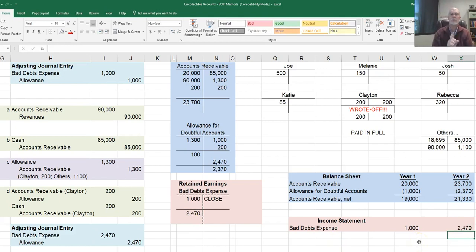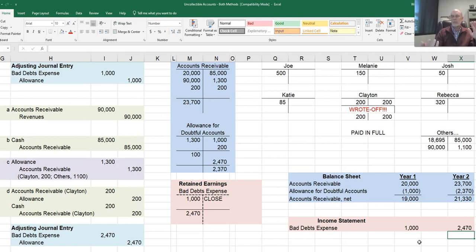Now remember, that's because last year we underestimated how much our allowance needed to be, and so we had to expense a little extra this year in order to hit the target that we were after. So the underestimate from last year is offset by expensing a little extra this year.